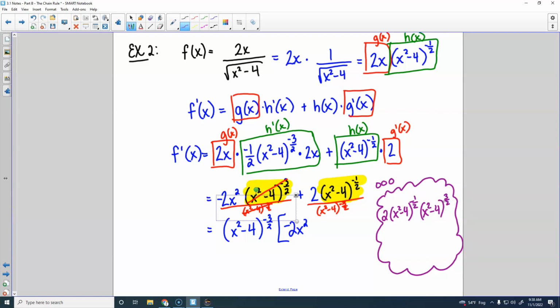All right, if I move that denominator up to the top, what would I do with those exponents? Add them together, negative 1/2 plus 3/2, 1. So this is just going to be 2 times x squared minus 4 to the first power. So here, that will go here. Is it all right with you guys if I go ahead and distribute that? 2x squared minus 8.